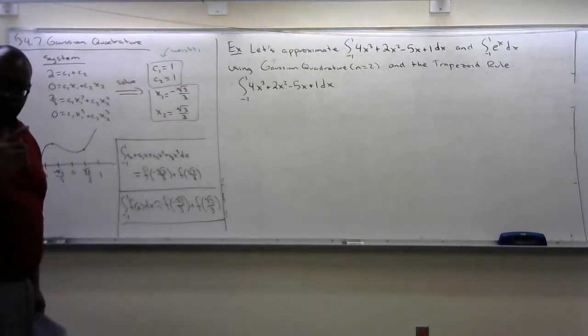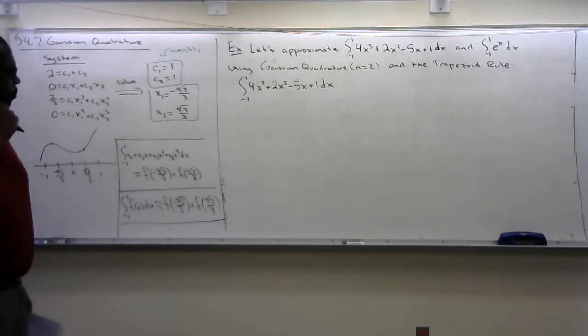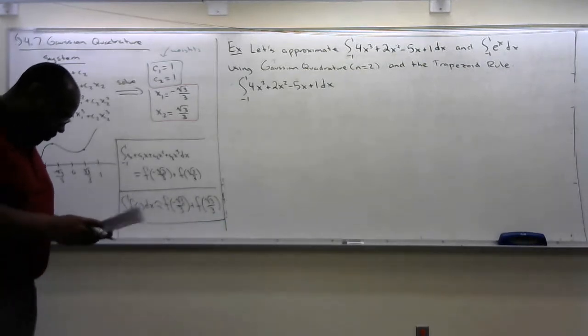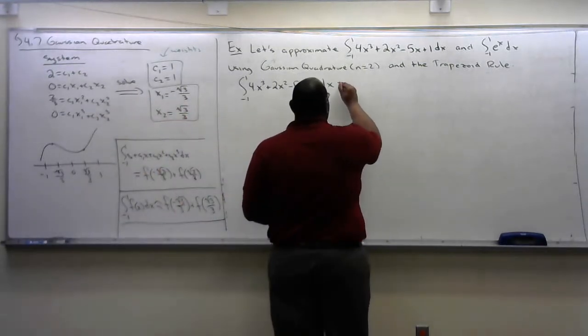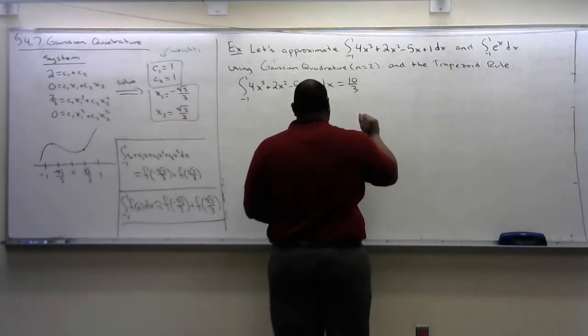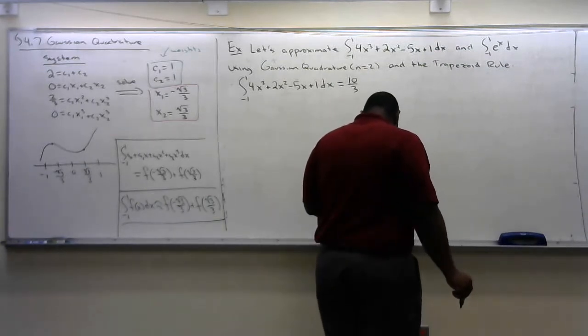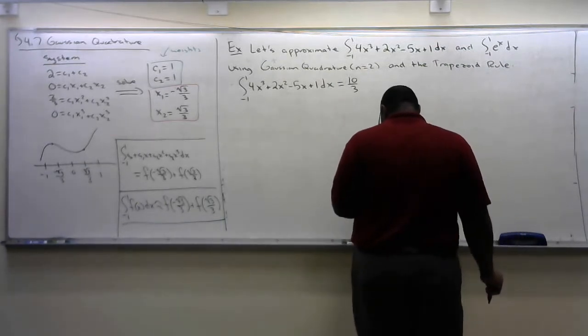Let's look at that. Let's see, what do I have down? Mr. Calculator, you told me it was 2/3. And the interval from -1 to 1 of e to the x.